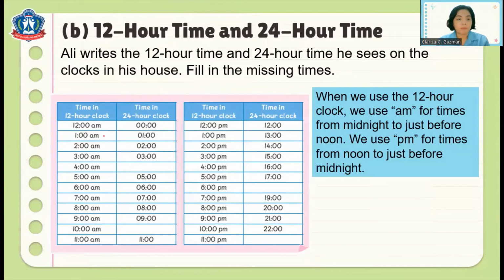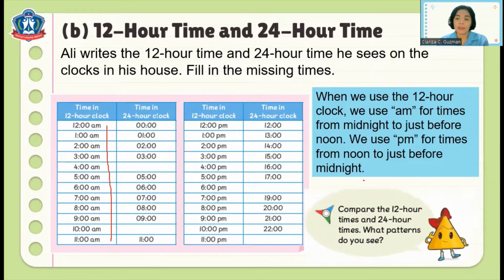So from 12 a.m. until 11 a.m., we will use AM. That is from midnight and before noon time. We will use PM after noon time and before midnight. So we use PM for times from noon to just before midnight.